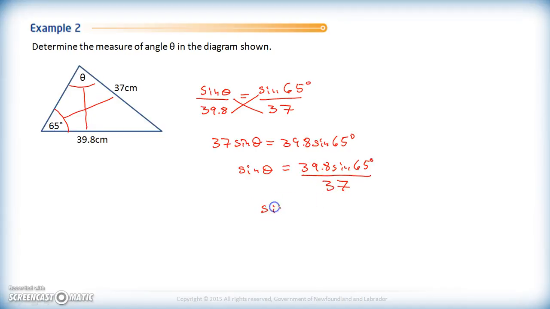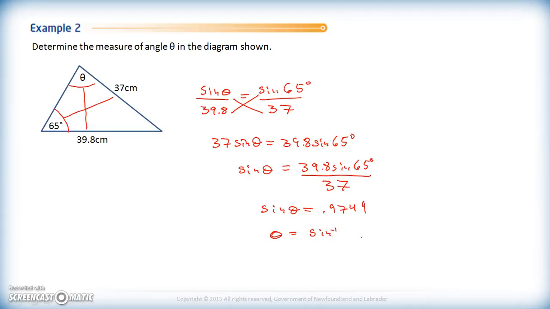So we'll evaluate that and get a value for sine theta first of all. 39.8 times sine 65 divided by 37 is equal to 0.9749. Then to get theta, we'll have to use the inverse sine.